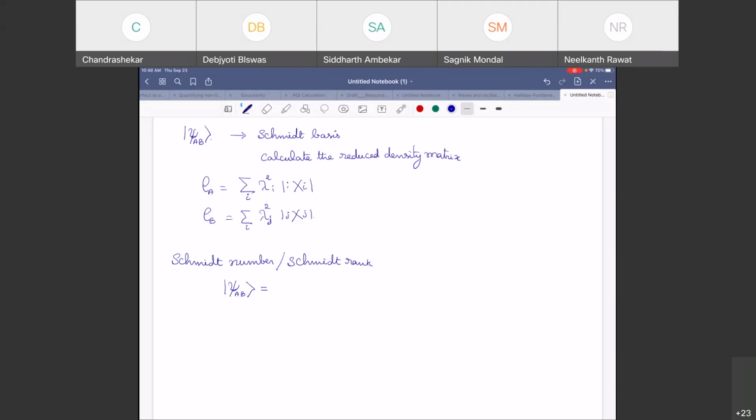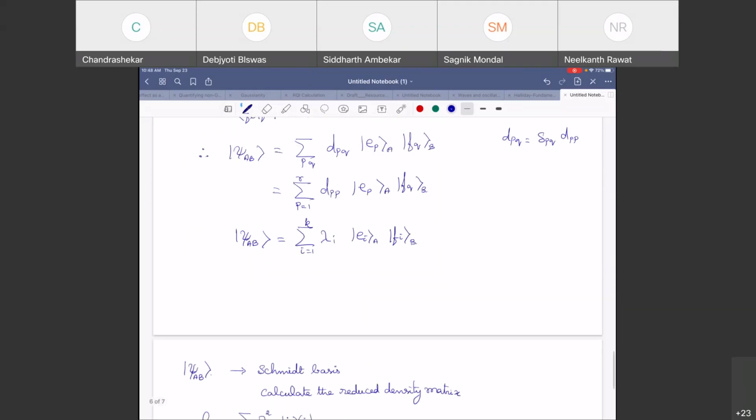Once you have written the state in the Schmidt basis, you will have to count the number of non-zero Schmidt coefficients.